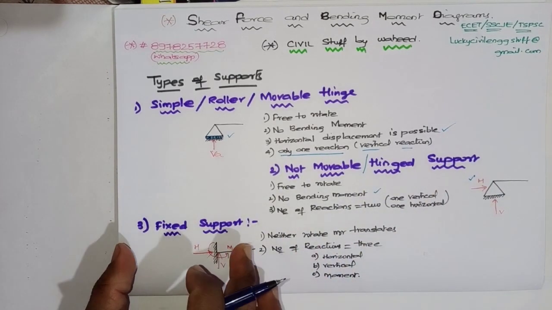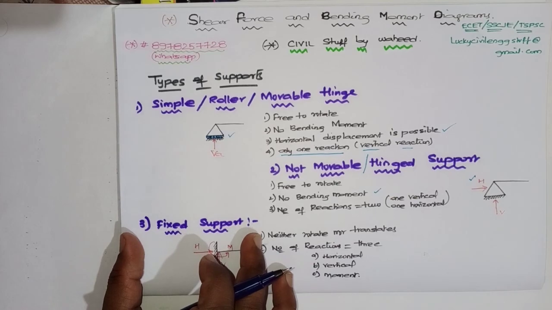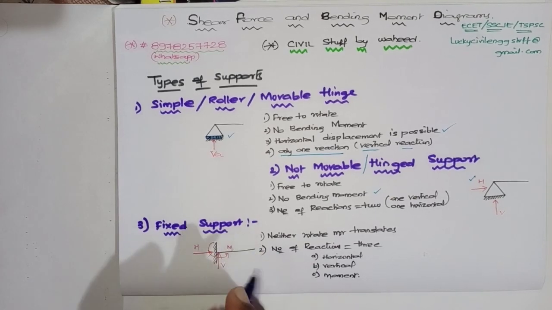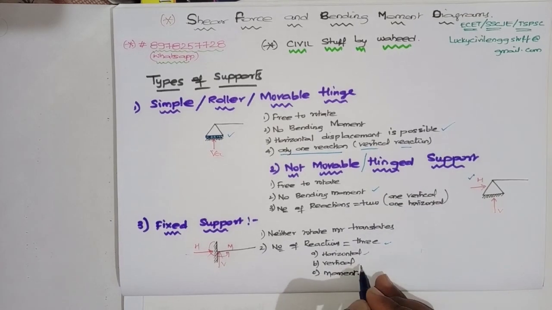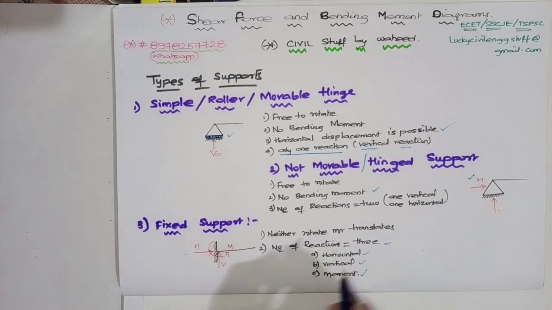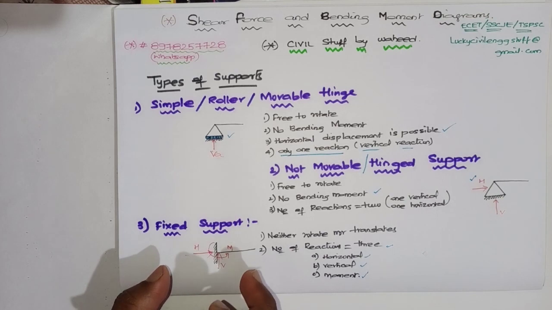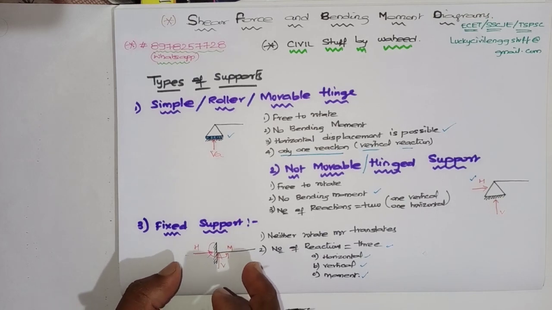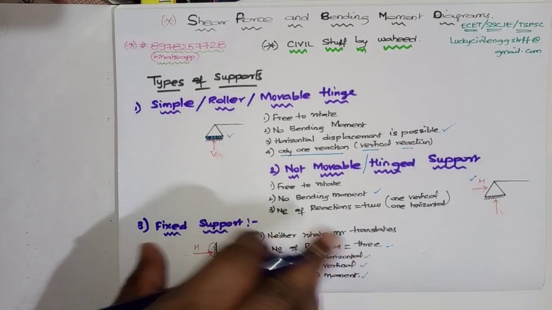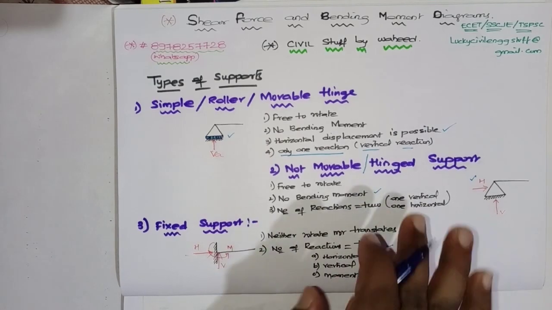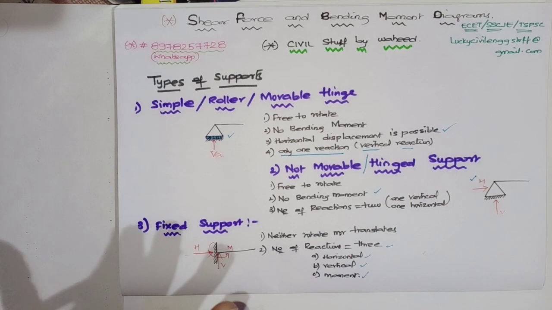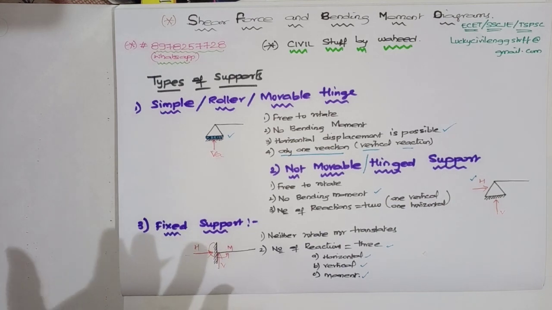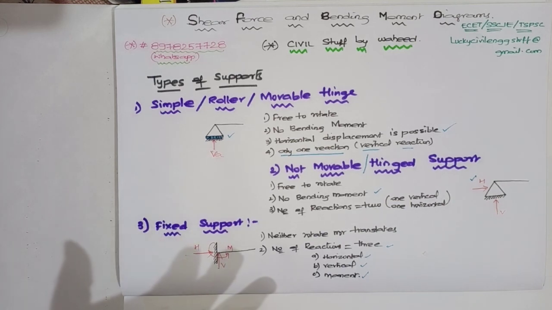Coming to the fixed support, here three reactions can be calculated: horizontal, vertical and moment. The main thing about a fixed support is that it neither rotates nor translates from its position or in its direction. So these are the three basic types of supports.